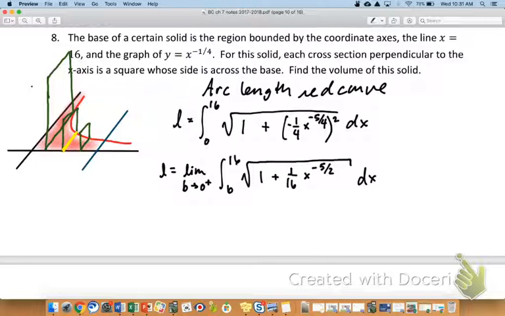I'll give you more hours. I think the calculator would solve it. Yeah, perhaps. Well, I'm just speculating about what the arc length would be, or the perimeter, actually.